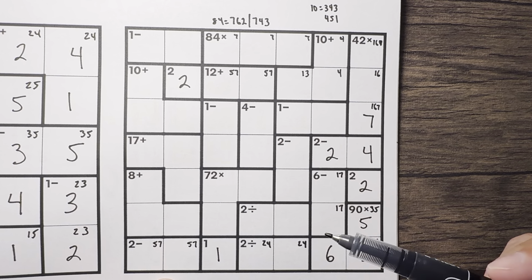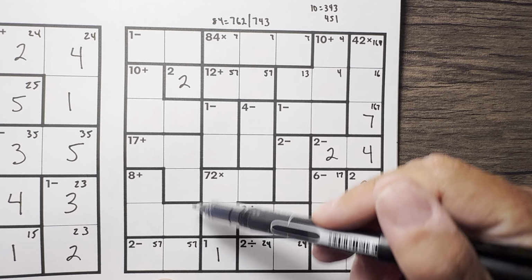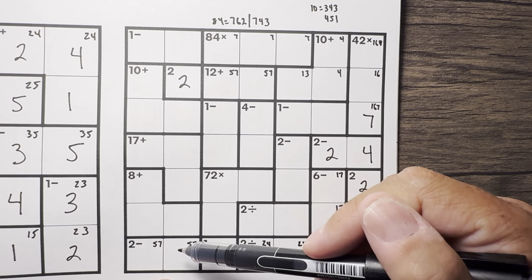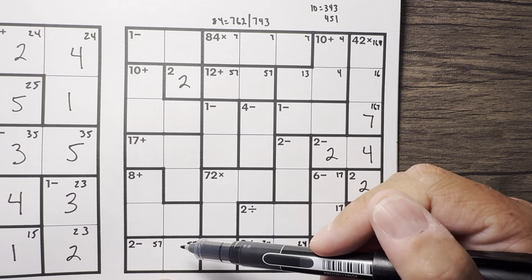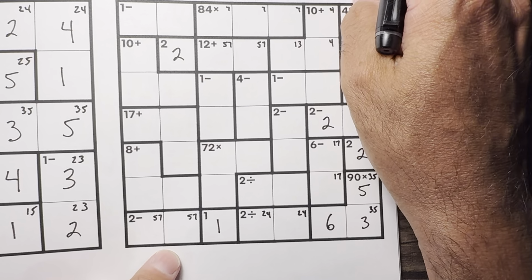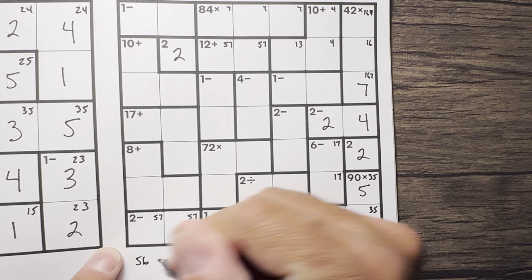But now, we know this plus this adds up to 56. Where should I write this down so we can track it? This column plus this column has to equal 56.